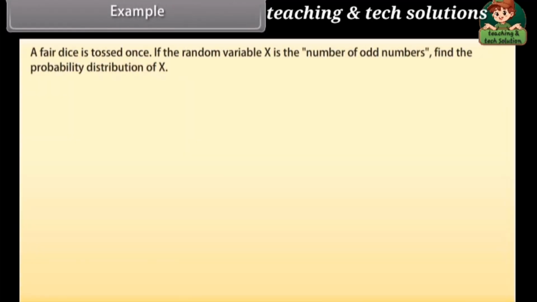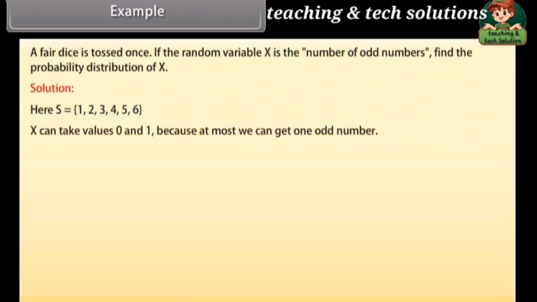Example: a fair die is tossed once. If the random variable X is the number of odd numbers, find the probability distribution of X. Solution: here the sample space S = {1, 2, 3, 4, 5, 6}.